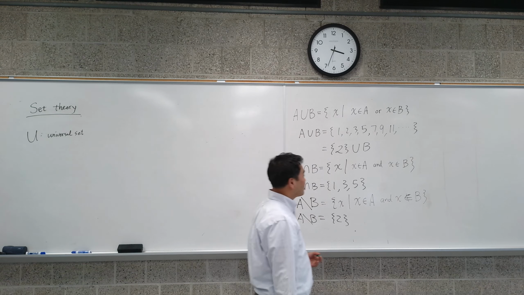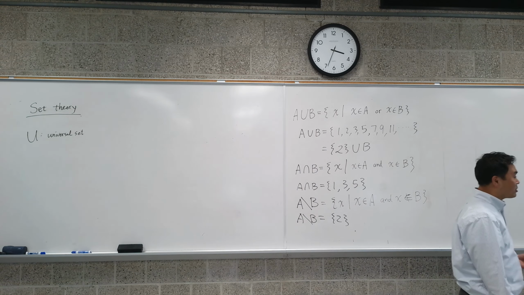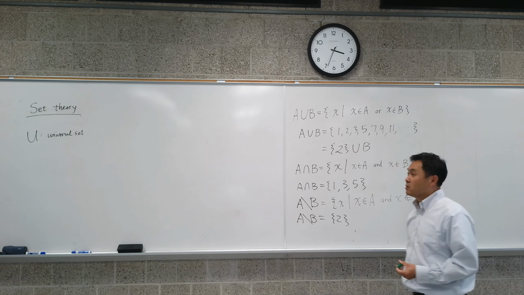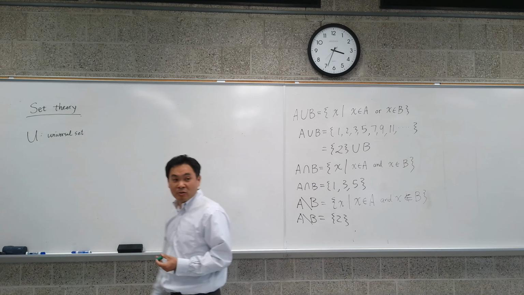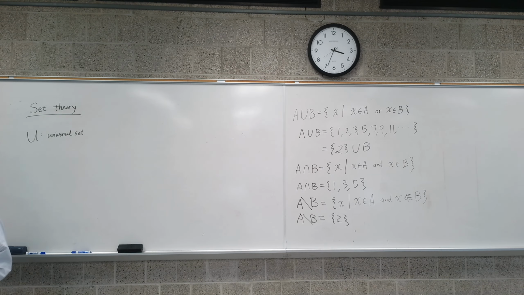If you're working in the set of real numbers, then the universal set could be all real numbers. It really depends, okay? But let's suppose that you're working with some sets, and these sets are subsets of some big set that you're always functioning under.